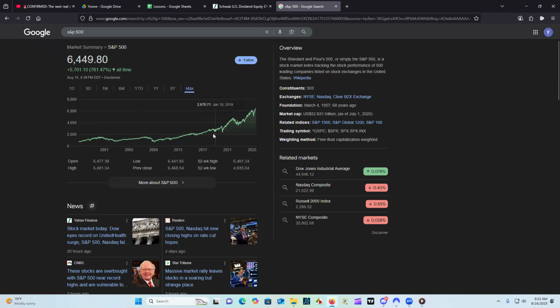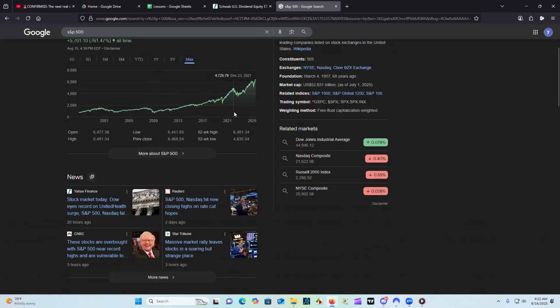So basically, people look at this and say, okay, the stock market is going up. So let's look at just the last 5 years. It doesn't show the COVID crash. Let's see. No, it doesn't. So let's go back here. Can you zoom in? No, it doesn't zoom in. Okay.